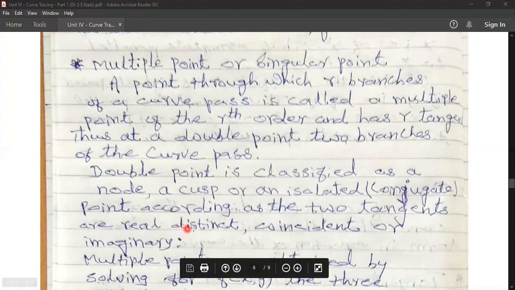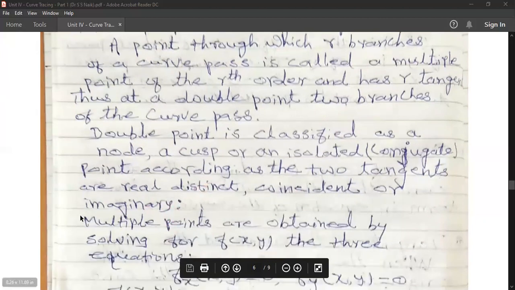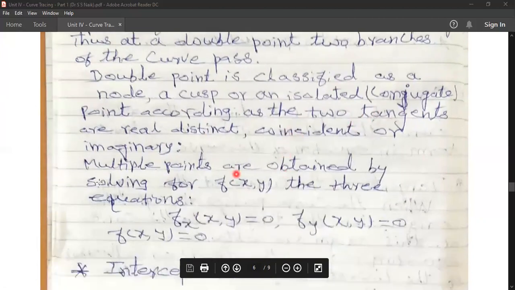If the two tangents at the origin are real and distinct, that point becomes a node. If the two tangents are coincident, that means both of them are the same, then it becomes a cusp. And if the tangents are imaginary, then it becomes an isolated point or a conjugate point.